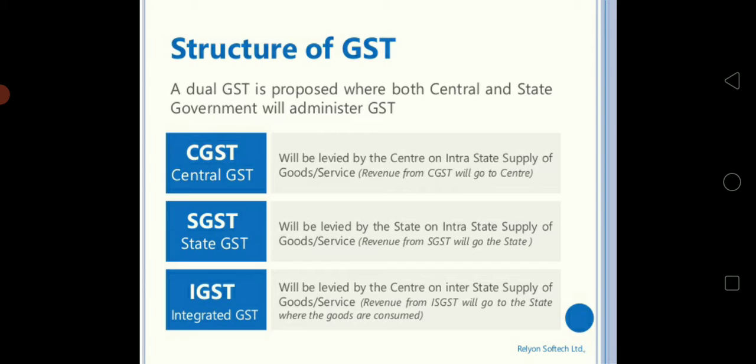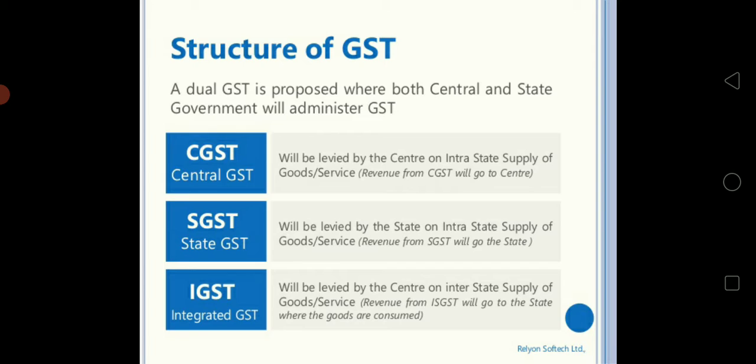That means CGST is charged by the central government for supply within the state. For example, supply by a person from Punjab to another person in Punjab, that means within the state only.